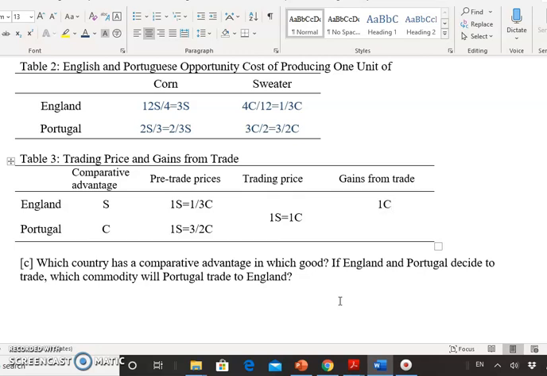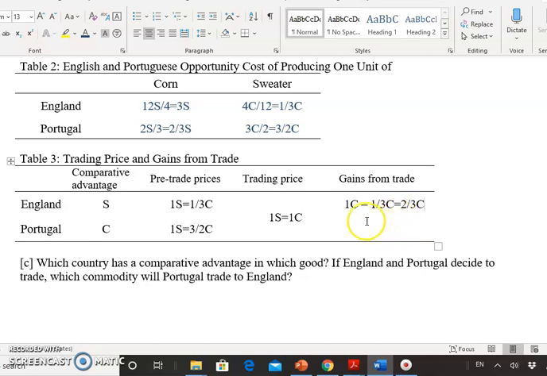But before this, without trade, they can only exchange 1/3 corn. So we find that the gains from trade is going to be 2/3 of corn.